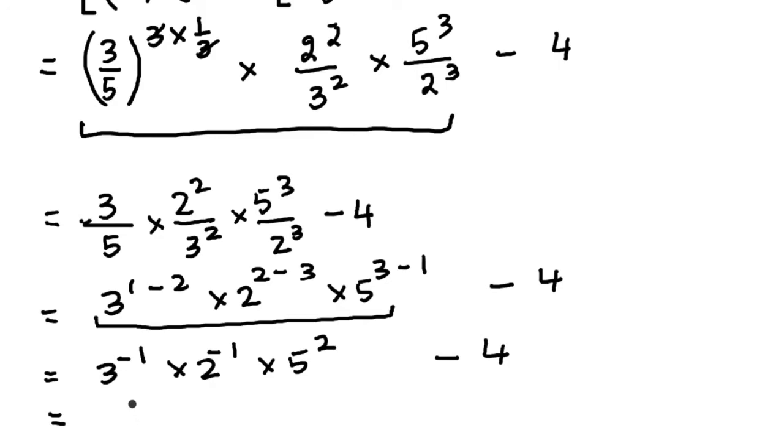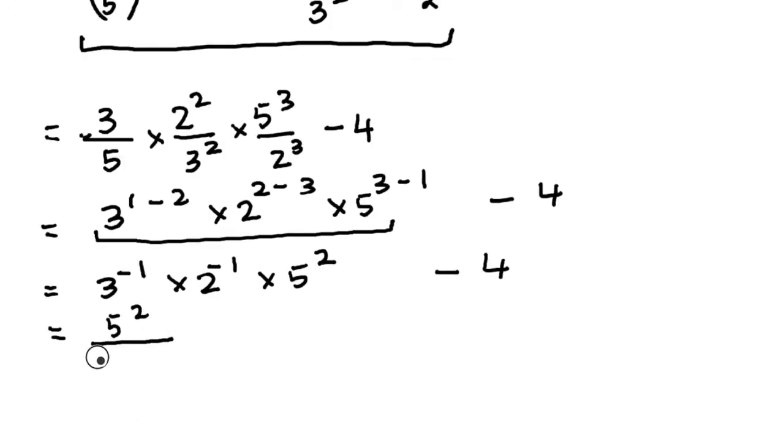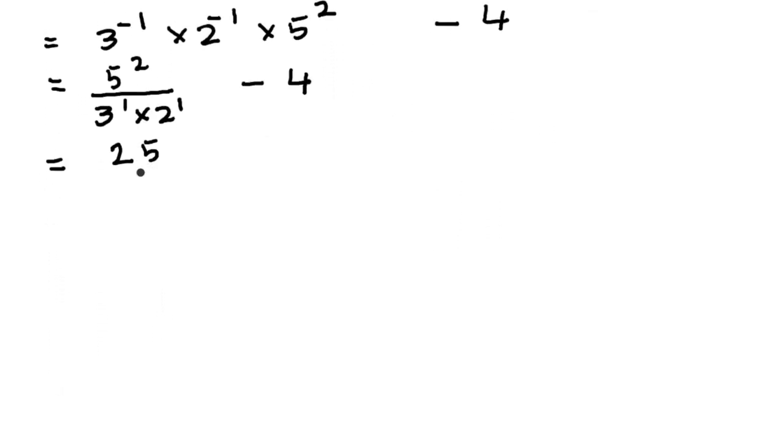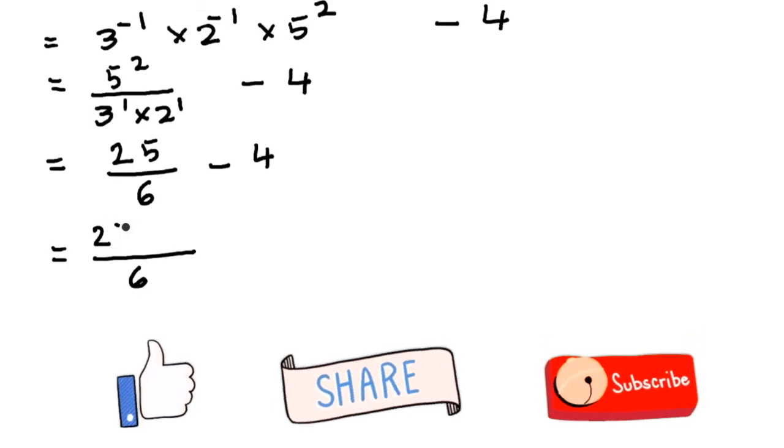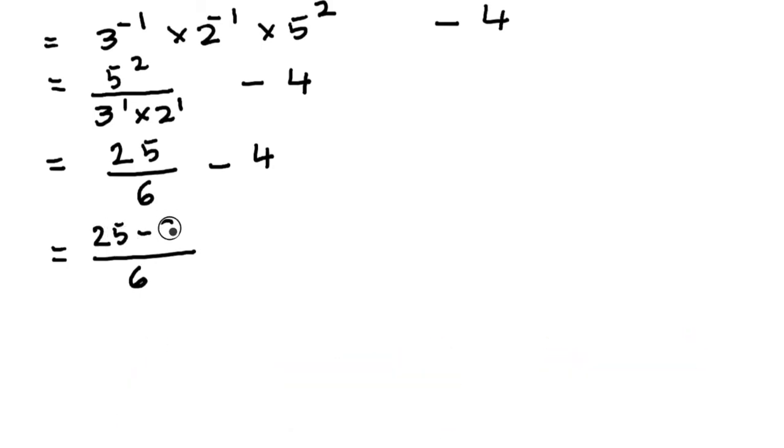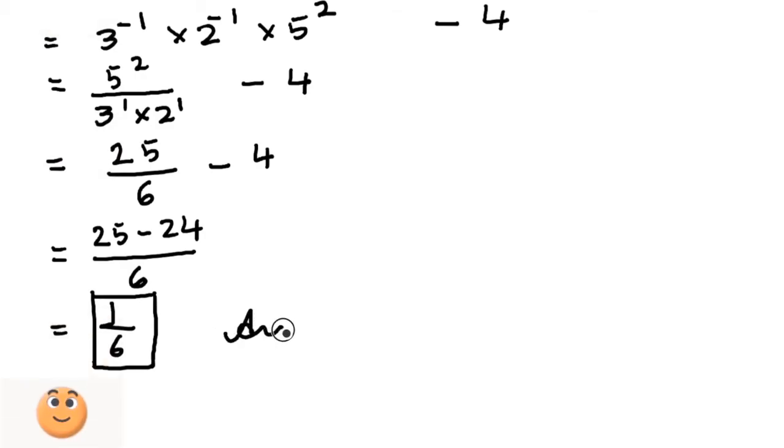And that will give us 5 to the power 2 upon 3 to the power 1 into 2 to the power 1 minus 4, which is equal to 25 upon 3 into 2 is 6 minus 4, which will give us LCM as 6, and 25 minus 6 into 4 is 24, and that will give us 1/6, and that is our simplified answer.